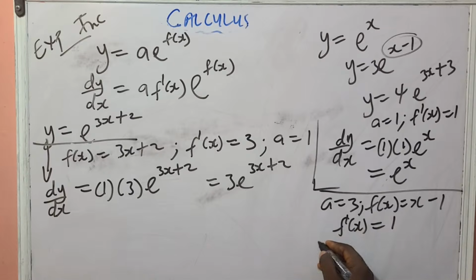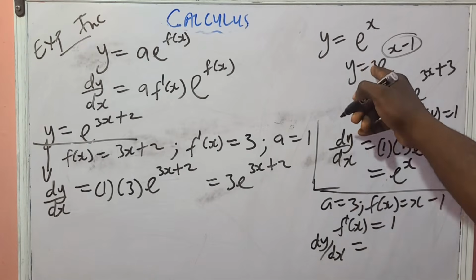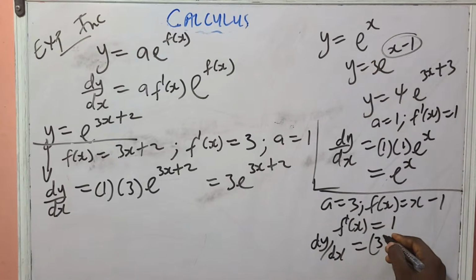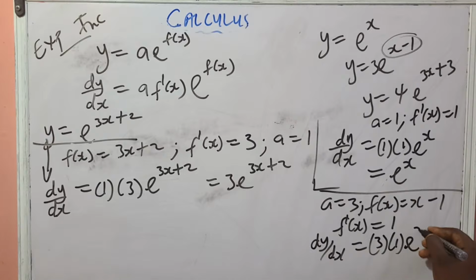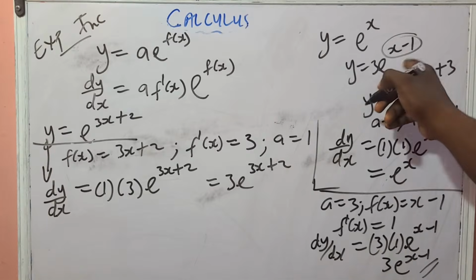So what's going to be my dy over dx? The dy over dx will be equal to a, that's 3, times the derivative of that power, that's 1 in this case, then you just rewrite e raised to power x minus 1. So you can see this will be 3 e raised to power x minus 1. That's the answer for this second one.